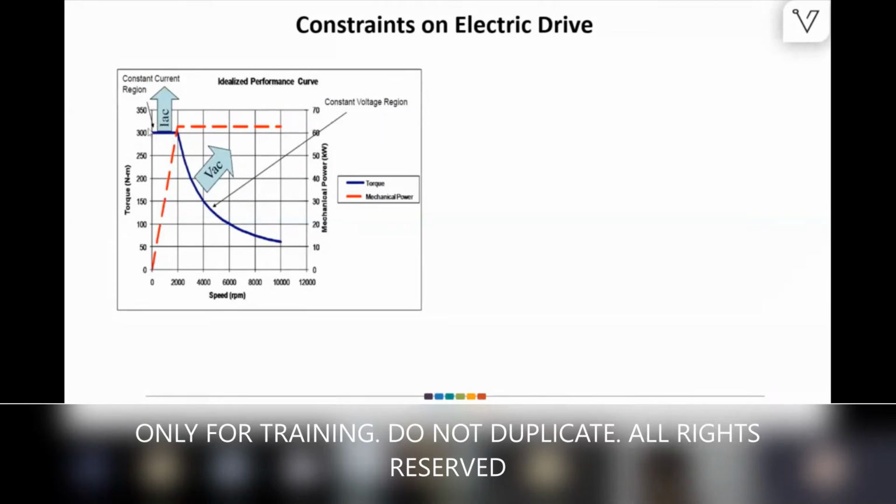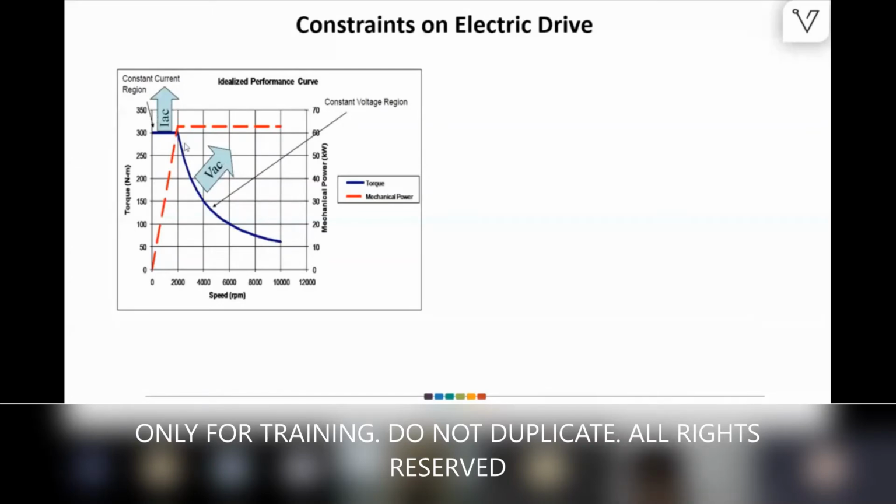So this particular piece is defined by the limitation of the battery, and this particular point here, the corner speed, or what some call base speed, is defined by the VDC, the voltage coming from the battery, which is converted into AC through the inverter.